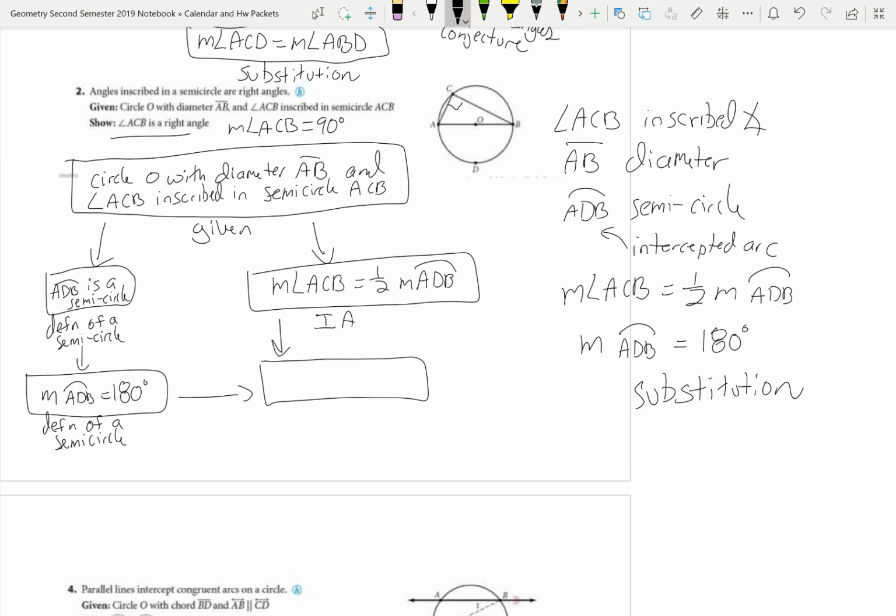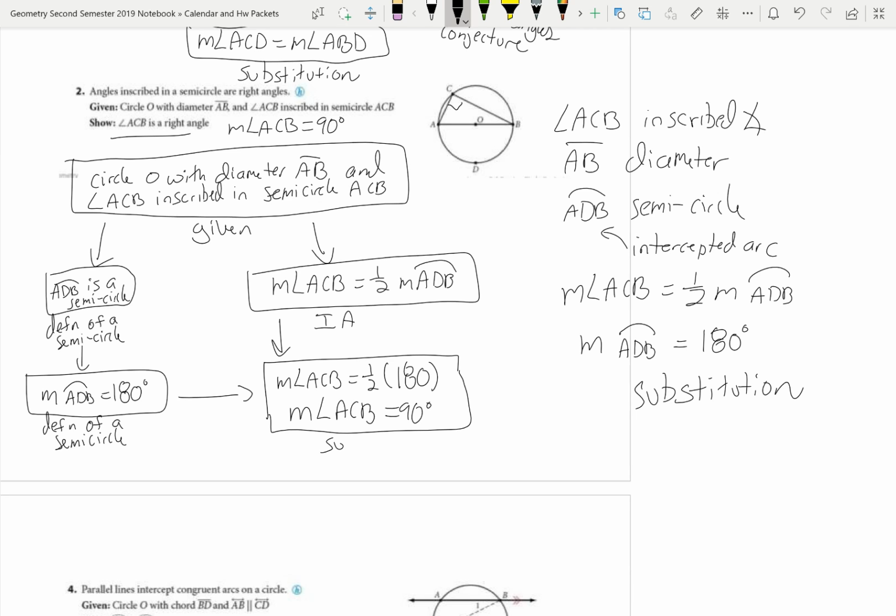So we can go that, actually, I'll make this a little bit bigger. So I'm going to go ahead and substitute in 180 degrees for the measure of arc ADB. And that's going to mean the measure of angle ACB equals 90 degrees.